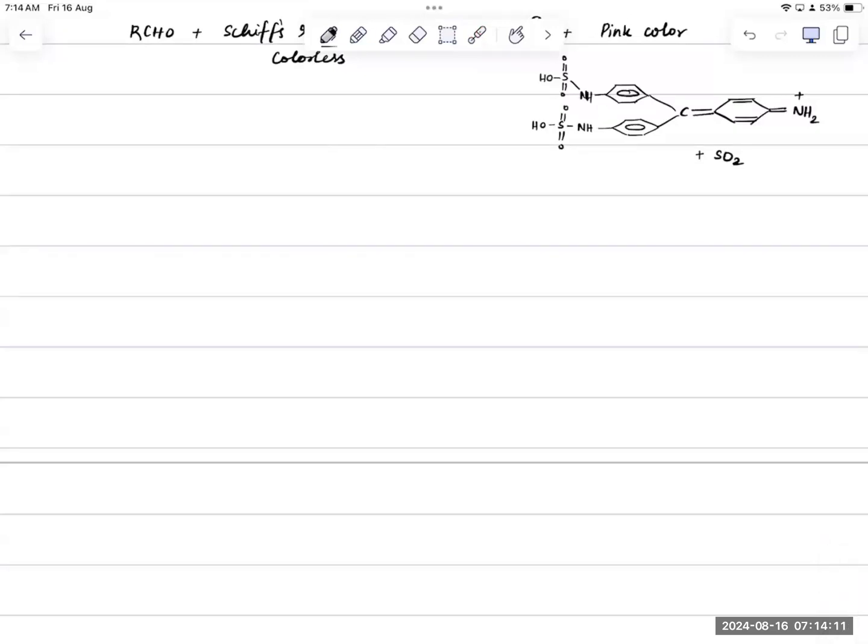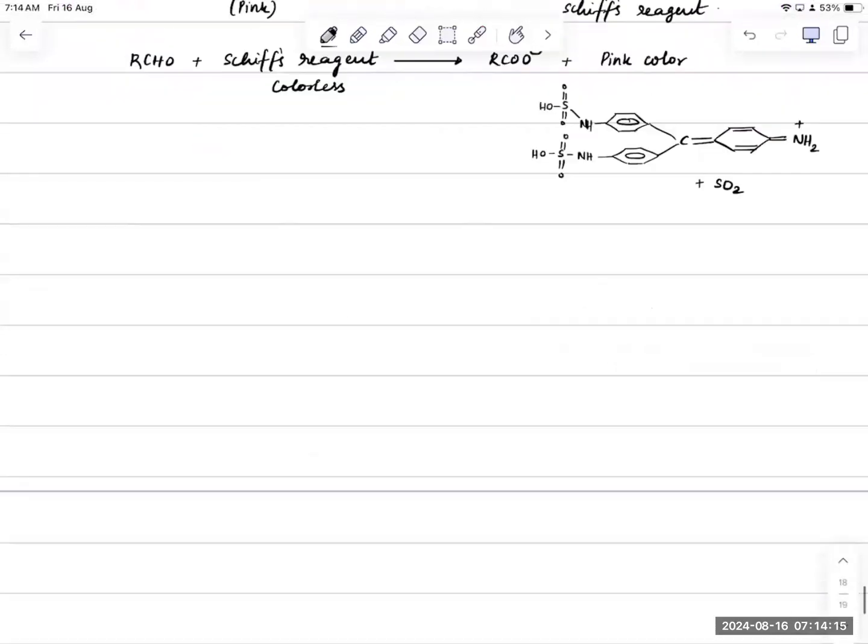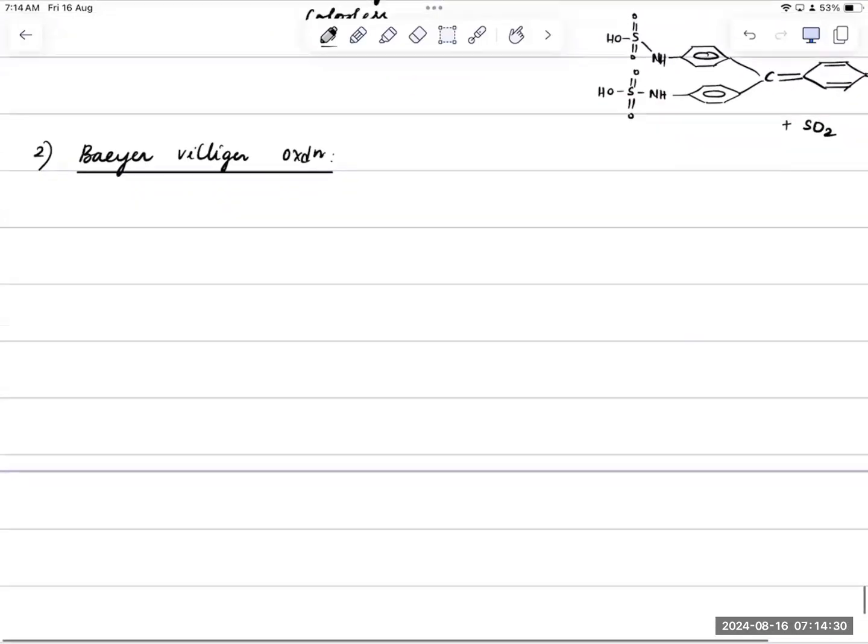Next. The second one we check out is the Baeyer-Villiger reaction, Baeyer-Villiger oxidation. Take Ph C double bond O CH3. It is not only for benzaldehyde or benzene based compounds, it could be for any aldehydes and ketones.